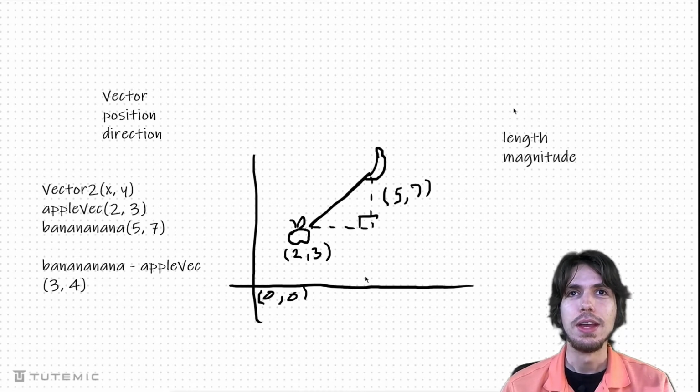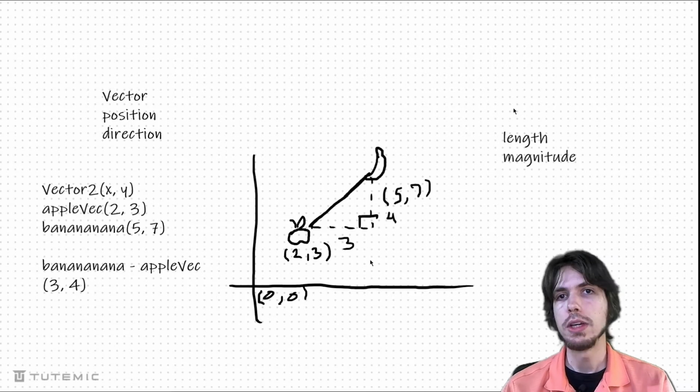Look, it's a right triangle, where you're talking about your adjacent and opposite and all that kind of stuff. The x component of this right triangle is 5 minus 2, which is 3. The y component, the vertical difference between these two points, is 7 minus 3, which is 4.